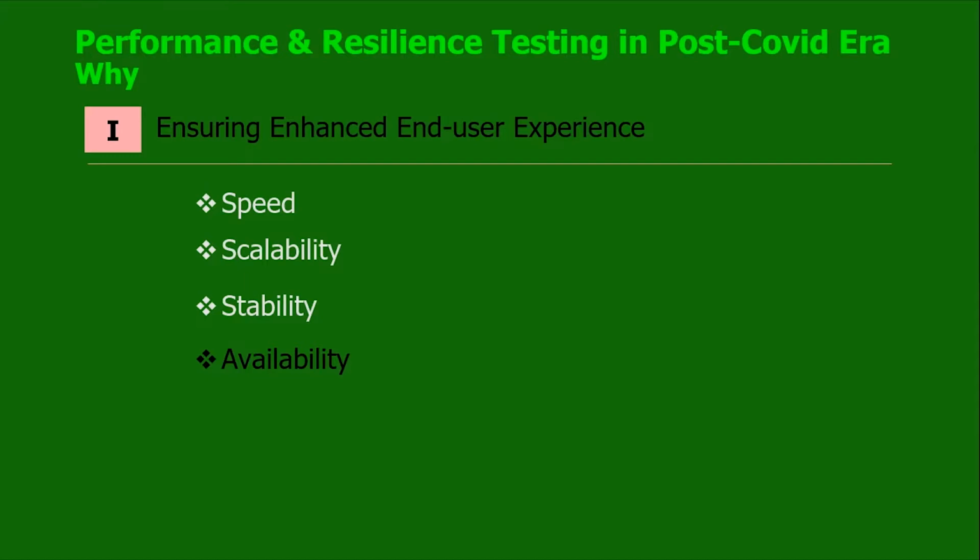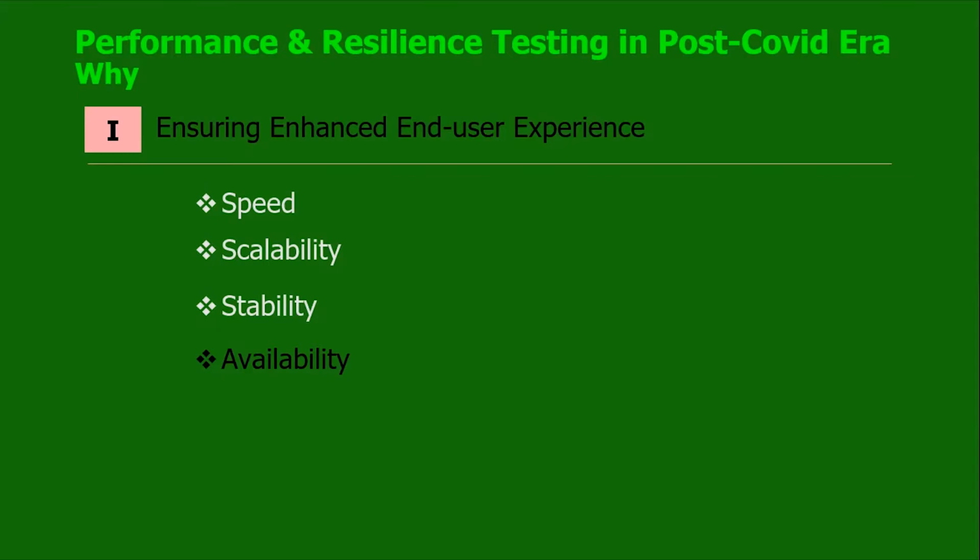For this, we do long run testing. We call it endurance testing or soak testing. Normally we do these tests for a minimum of 4 hours, up to 8, 24, or even 48 hours, just to ensure there is no issue from the stability perspective. So that is another very important aspect.